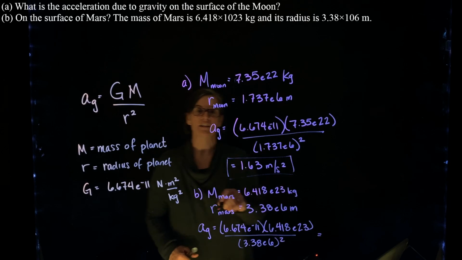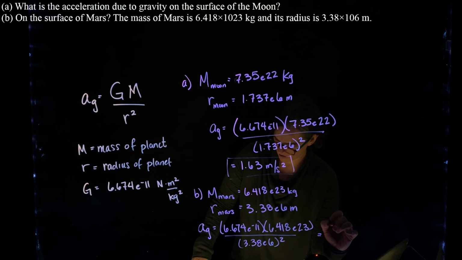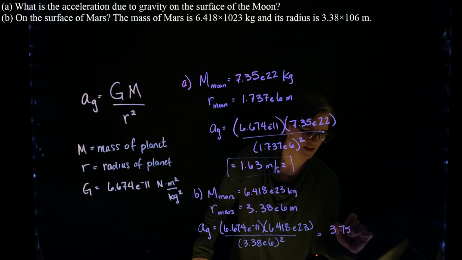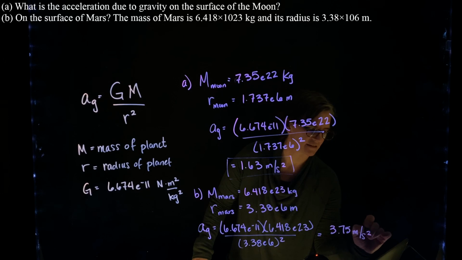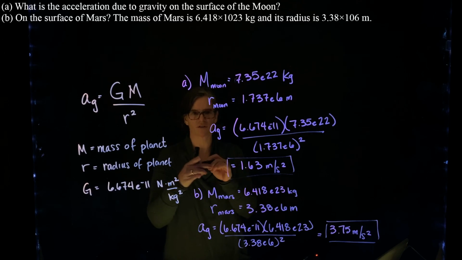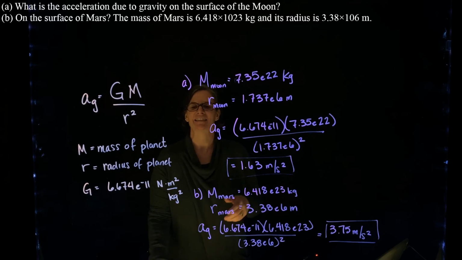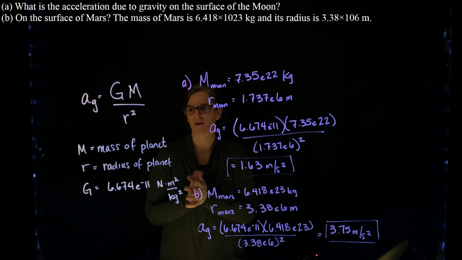And we find, using that relationship, the acceleration on Mars is 3.75 meters per second squared. So again, just recognizing G is that universal constant, looking up the masses and the radii, and this is really the acceleration due to gravity on a planet. All right.